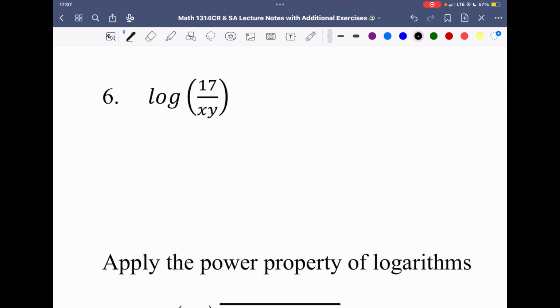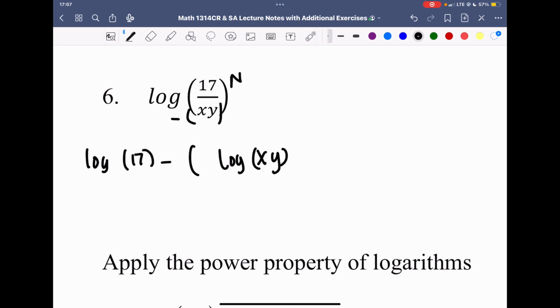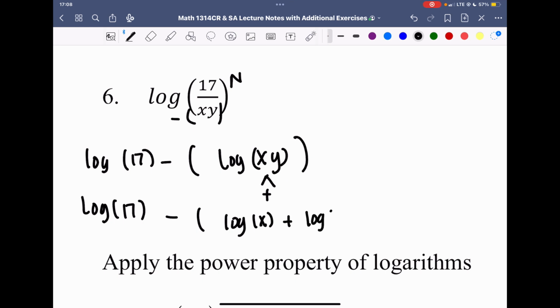Okay, now this one's going to be the numerator, and then these denominators get distributed with the negative. So I have log 17 minus parentheses log xy. And then we have to split this into a plus. So log 17 minus parentheses log x plus log y, and then distributing that negative into the sign.